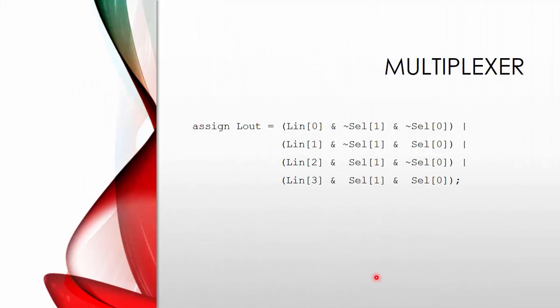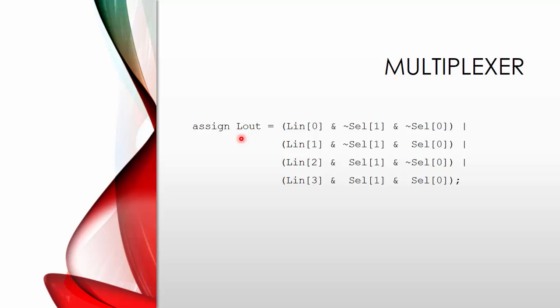Then how do we write multiplexer module in Verilog? If let's say we want to have the multiplexer in pure combinational wiring, this is how the code basically look like.